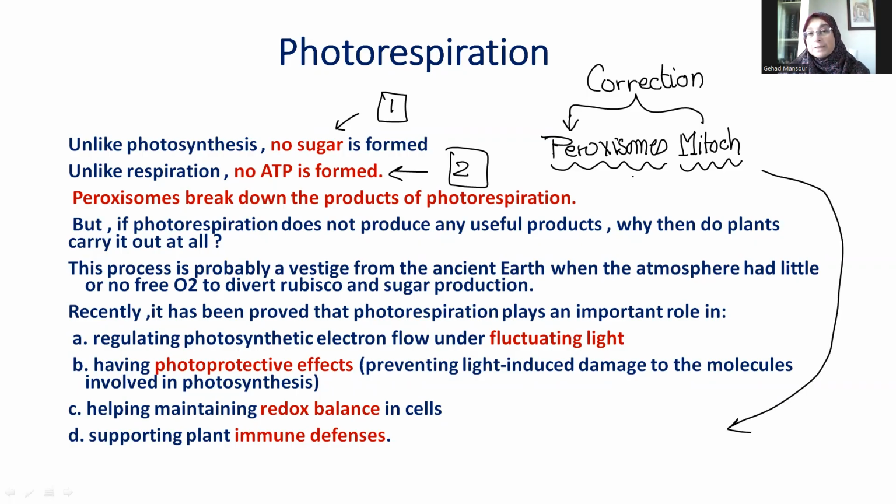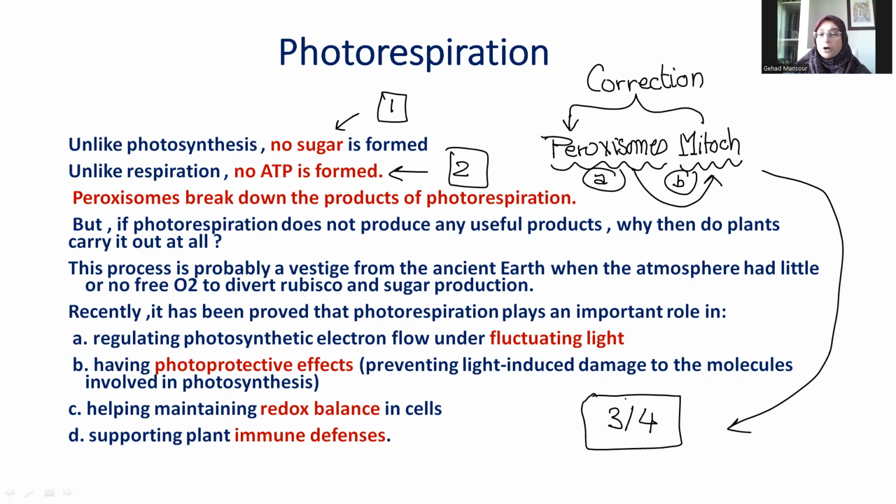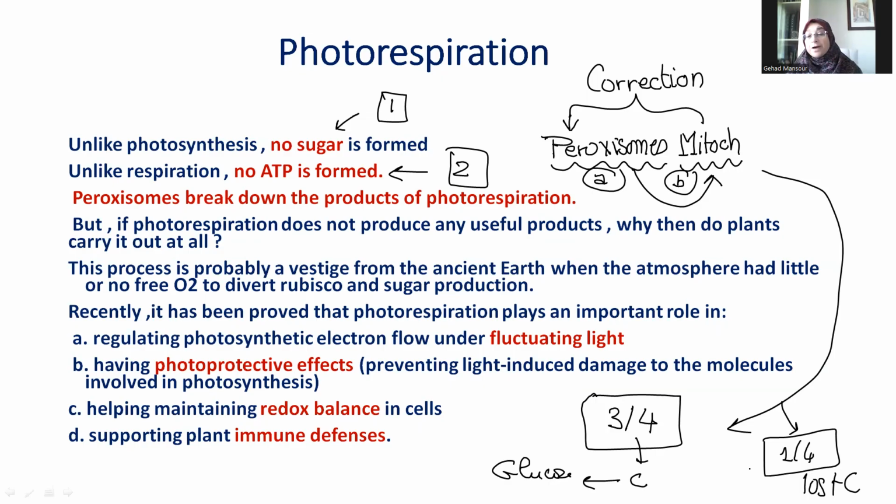Through those two they are sequential, meaning that the peroxisomes will act first, and then they will be followed by the mitochondria. We will succeed in saving 3/4 of the carbon atoms and restoring those carbon atoms or retrieving them back to form glucose, but actually 1/4 will be lost. So it is a 75 percent correction of the flaw, but not 100%.